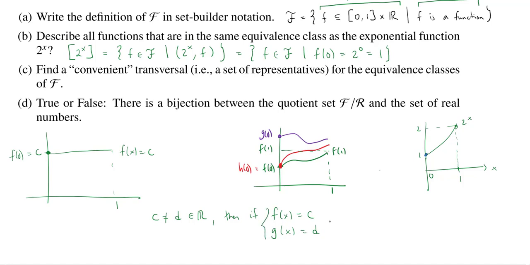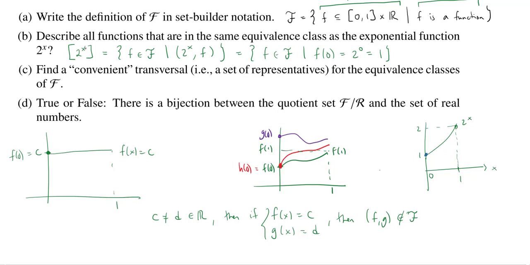Okay, so if both of these things are true, then f comma g is not in the relation. Okay, these are not related because they don't start at the same point. f will start at c, g will start at d. On the other hand, every function in this interval has to start somewhere. So by using all of the constant functions, I'm hitting exactly one function from each equivalence class.